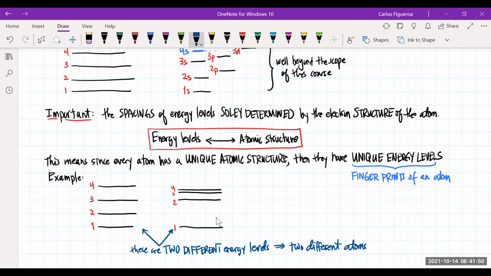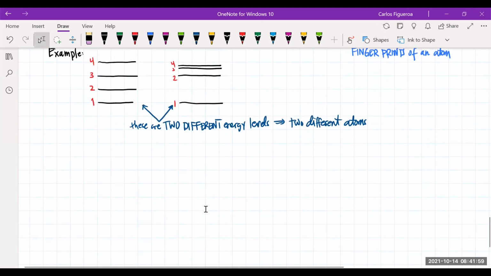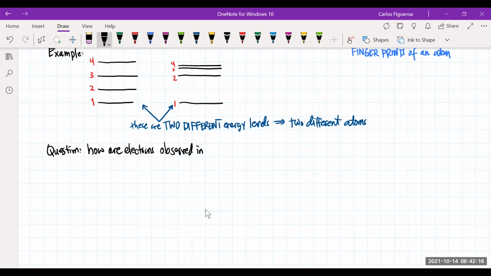So now we get to the point of how we observe electrons in atoms. So now we ask the question, how are electrons observed in atoms?